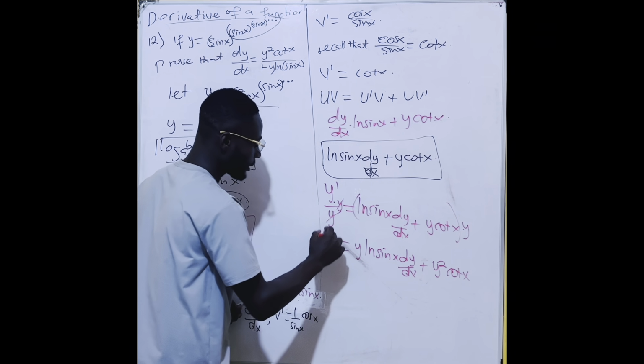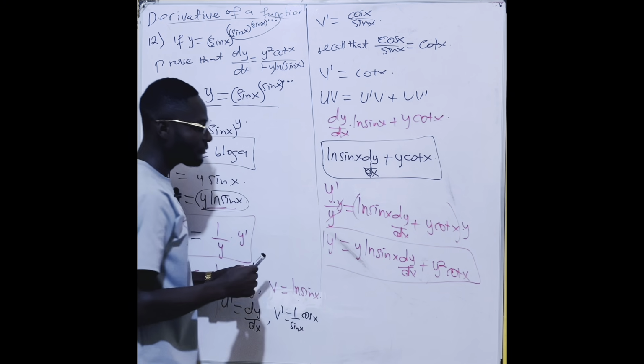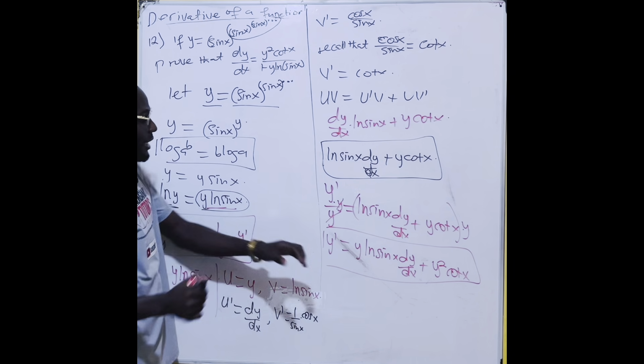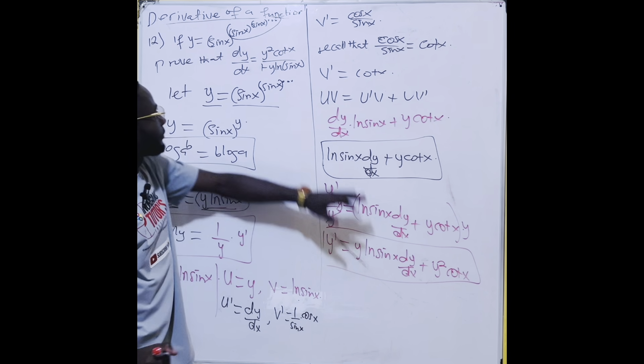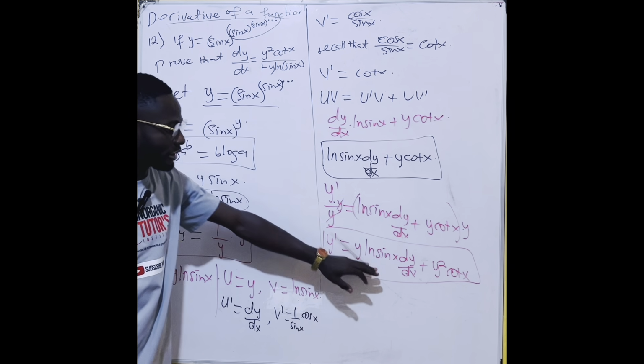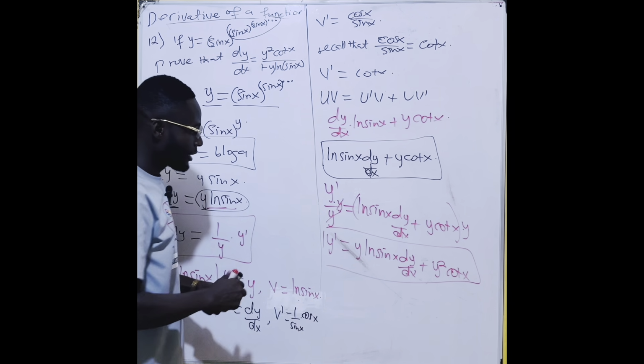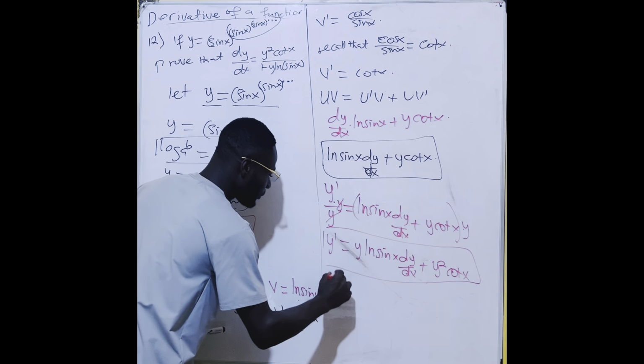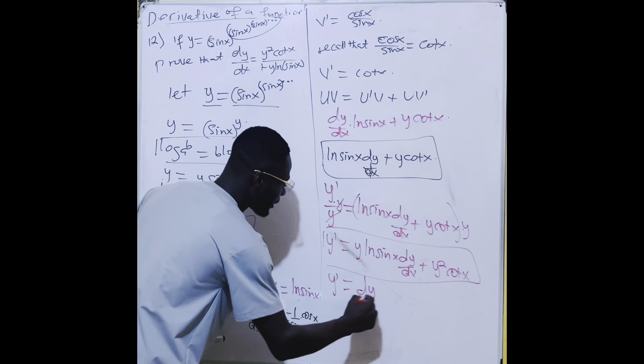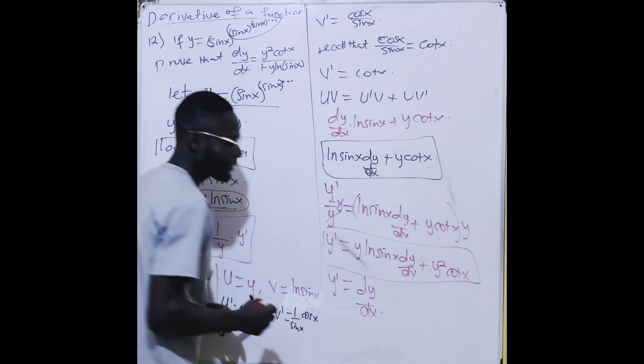So this is what we have at the moment. Now, we want to make sure that we express this term to have this. So we need to make dy/dx the subject. And remember that y prime is the same as dy/dx.